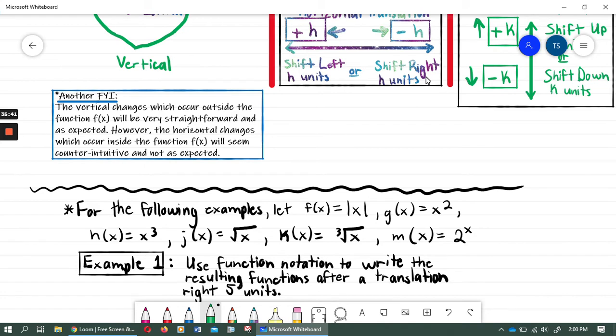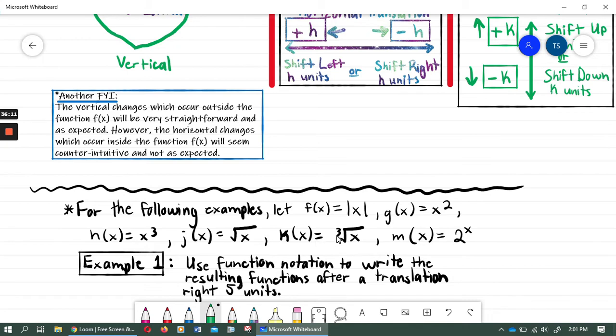All right, so guys, for these examples, f of x is going to be the parent function for the absolute value function family. G of x is the parent function for the quadratic function family. H of x is going to be the parent function for your cubic function family. J of x is the parent function for your square root function family.